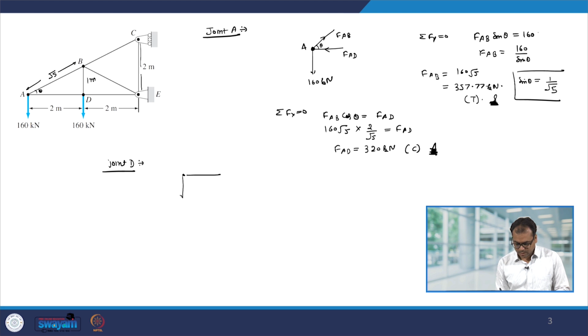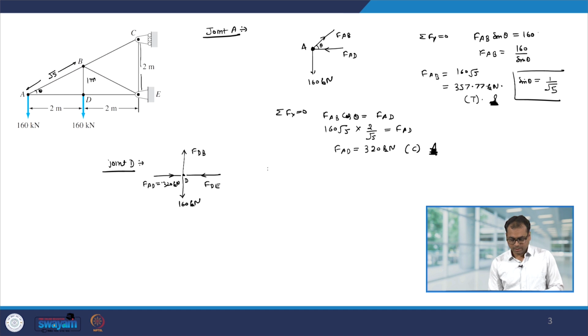You have a 160 kilonewton force that is acting downward, and then you have a force which is acting upward FDB, then you have the force FDE and you have the force of AD which we have just calculated. So, FAD, this is nothing but 320 kilonewton and this is point D.